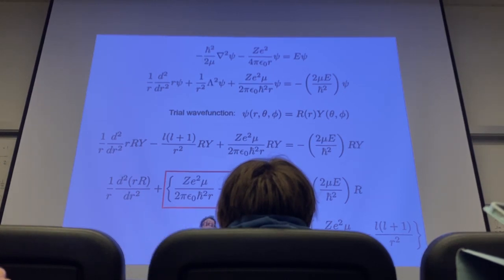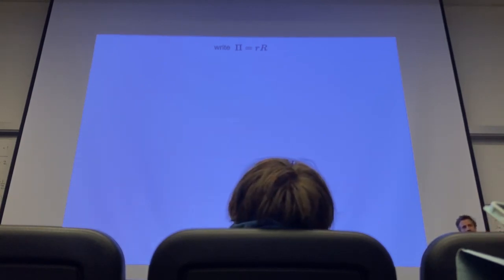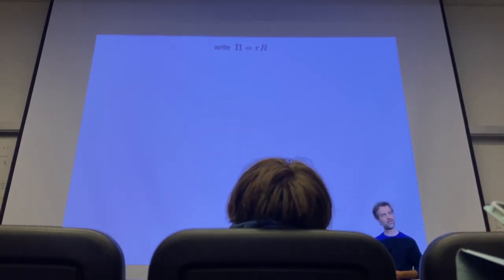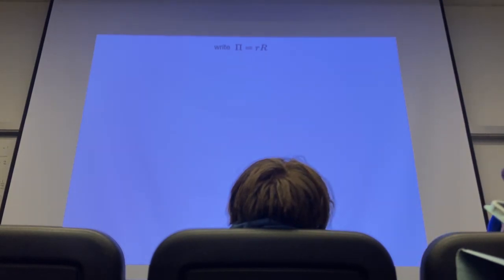Okay, so I'm going to rename that function pi. Why not? That's what the next slide says. Okay? I'm going to rename that function little r, big R, as pi. I'm not interested in pi. I'm interested in R, but if I solve for pi, I have R too. Okay?